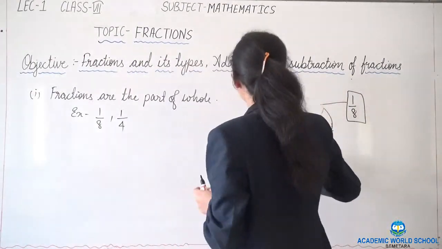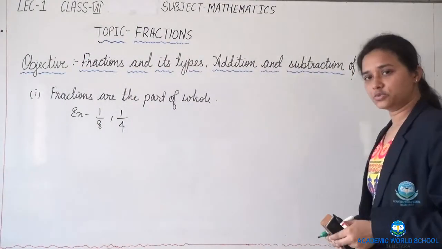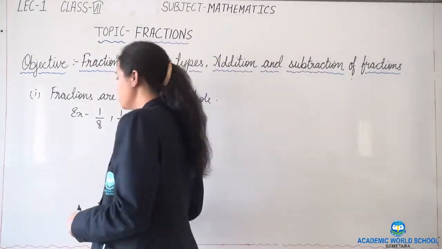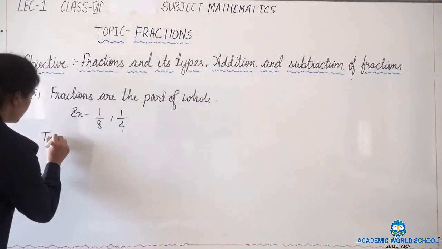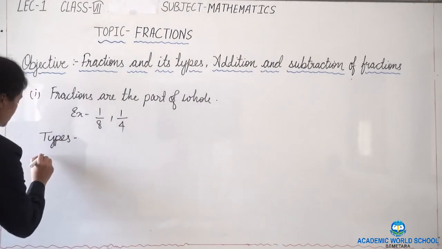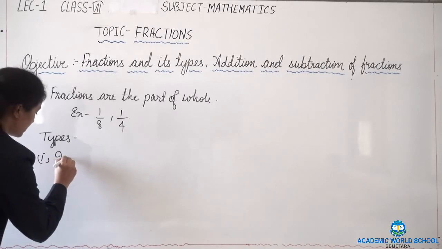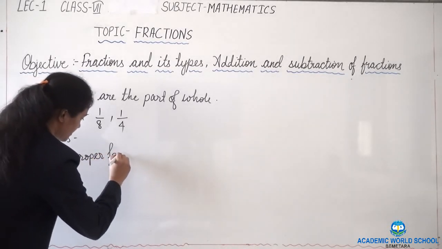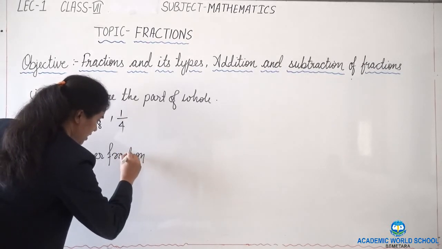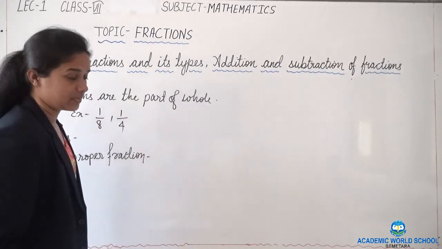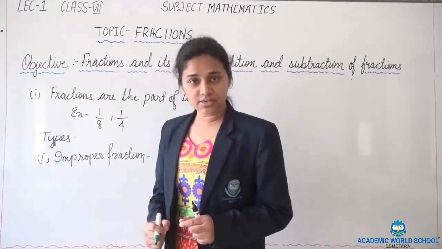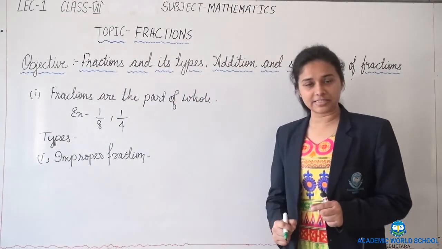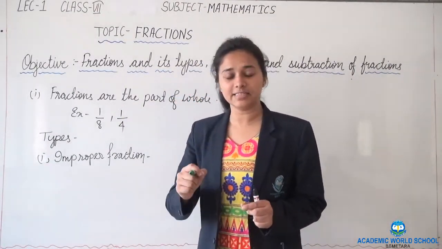Today we will learn 5 types of fractions. The first one is your improper fraction. Improper fraction means the fraction in which numerator is greater than the denominator.